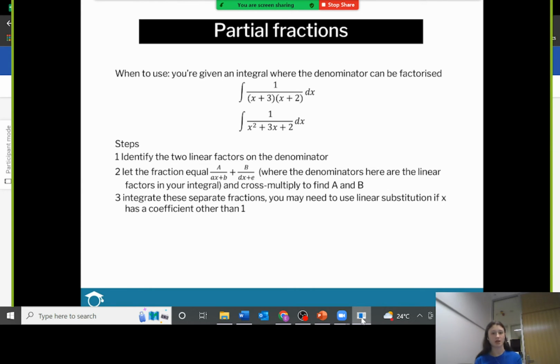So the thing to recognize about partial fractions questions is if you have an example where you have maybe a quadratic or a cubic even on the denominator, and even if it isn't in terms of x directly, maybe it is like a trig function, as in you might have sine squared x plus 3 sine x plus 2.